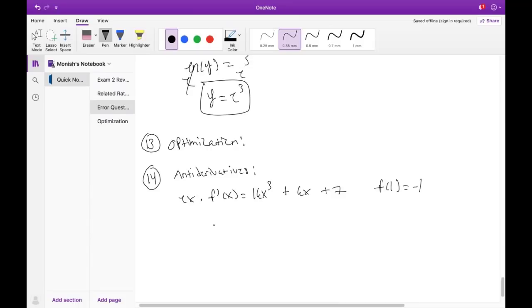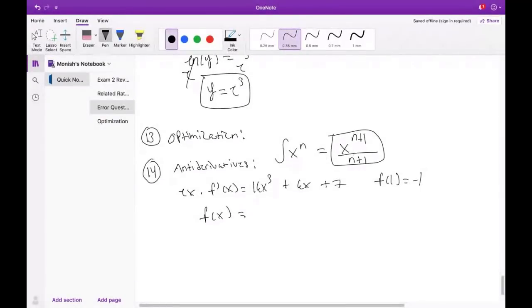So you guys should know the formula: if I want to take the integral of x to the n, it's going to be x to the n plus 1 divided by n plus 1. That's your formula. So I apply that to this.